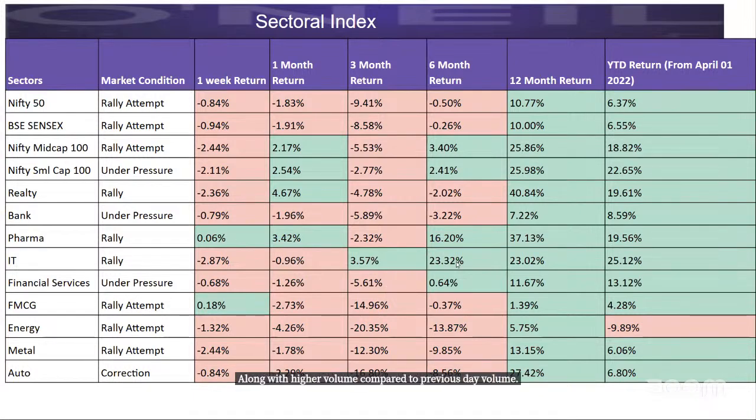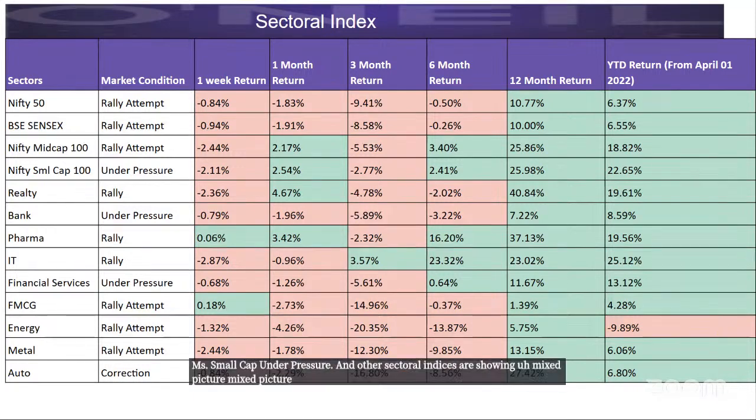So we categorize this. As per this methodology of market direction, if you see here, our benchmark indices Nifty 50 and Sensex both are in confirmed uptrend. Apart from that, in the broader market, Mid Cap 100 is in rally attempt, small cap is under pressure, and other sectoral indices are showing a mixed picture.